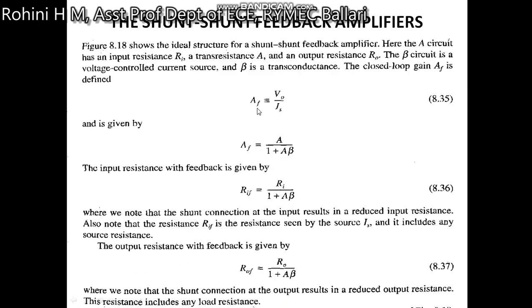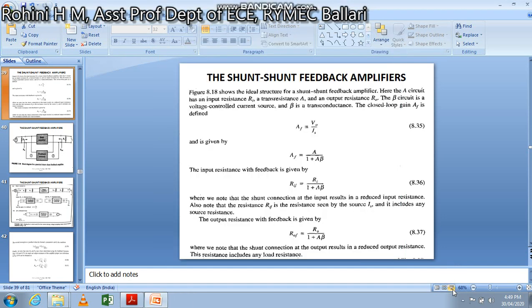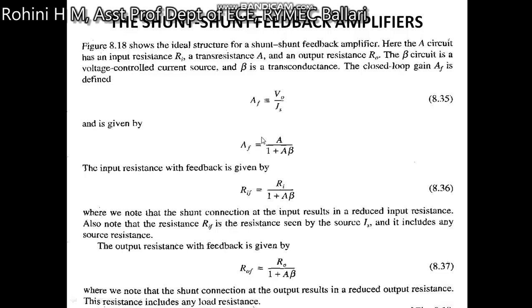So AF, the gain of the circuit, is equal to V0 divided by Is, and it is given by A divided by 1 plus A beta. So this is the gain of the amplifier, A divided by 1 plus A beta.